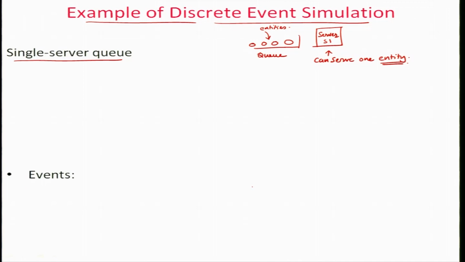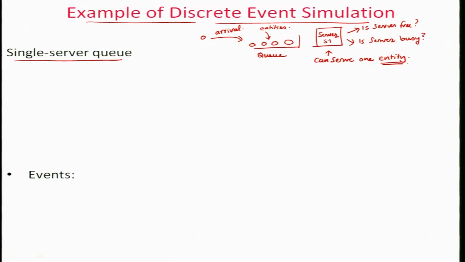So, what happens in a single server system is that an entity arrives. When it arrives, it checks: is the server free or is the server busy?